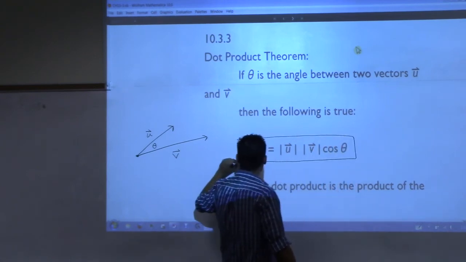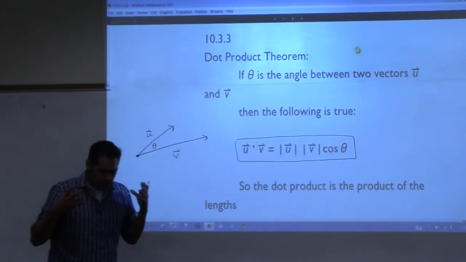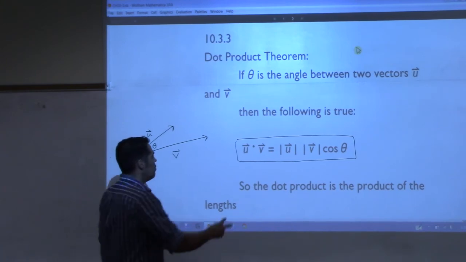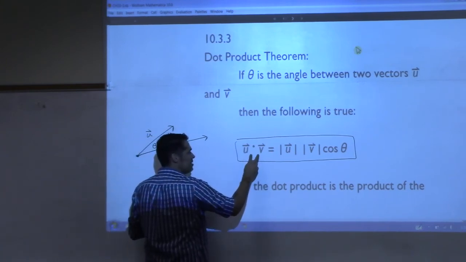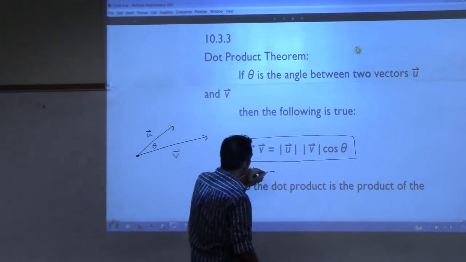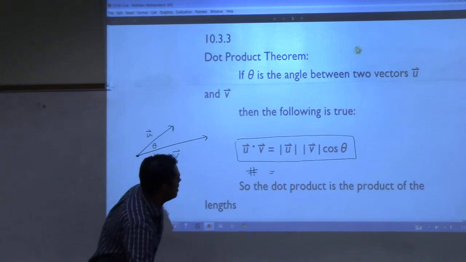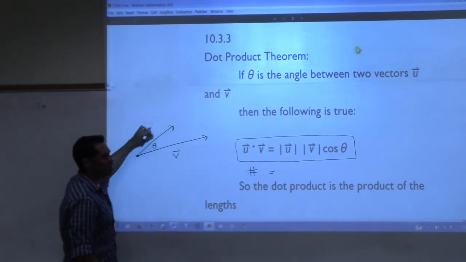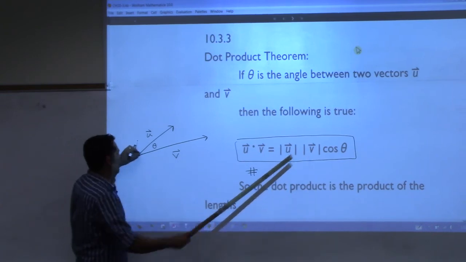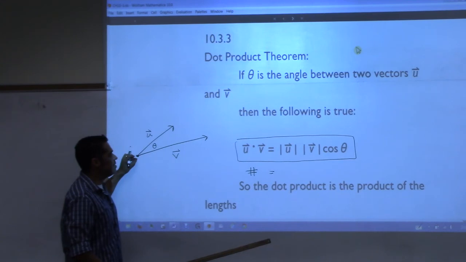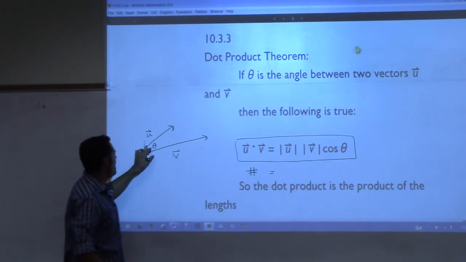It actually gives you a meaning for the number. We know that if we dot two vectors together, this is a number, isn't it? That number is equal to the length of u, that's this vector's length, times the length of v, times cosine of the angle between the vectors.